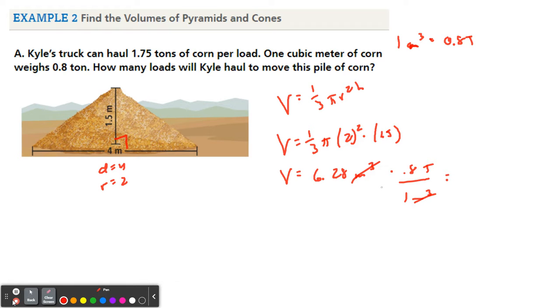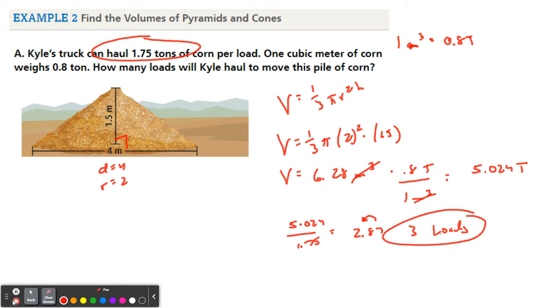So 6.28 times 0.8 is 5.024 tons. And now, if 1 load is 1.75 tons, we take the 5.024 and divide by 1.75. When we do that, we get 2.87. Again, this is an instance where you have to round up. No matter what you got, if it's anything above 2, that means he has to take that third truckload. So he's going to take 3 loads.